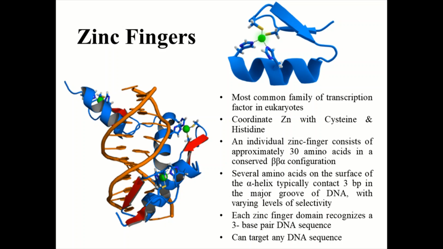In this protein, zinc coordinates with conserved cysteine and histidine residues, and each zinc finger motif binds a triplet within a DNA structure. Zinc finger motifs for all 64 possible triplets are available, so we can target any DNA sequence in the genome.